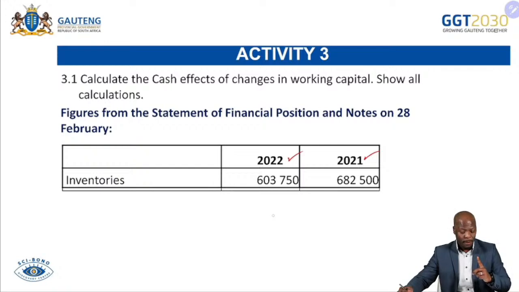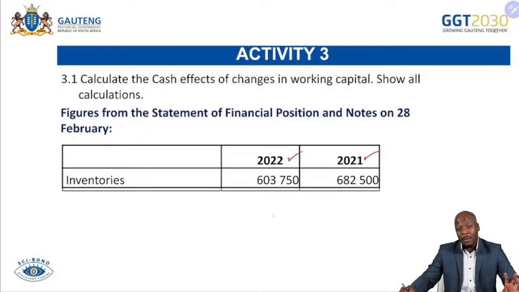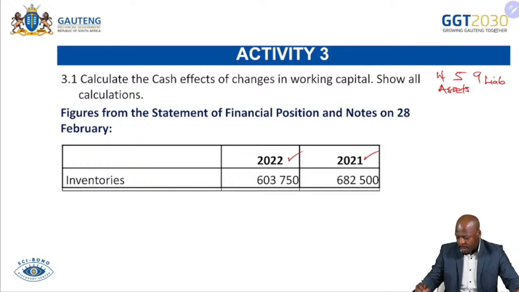Get that one. Okay. Now, there is another method, which I call the calculator method. Remember, when we're doing this reconciliation, you have your note number 4, note number 5, and note number 9. But 4 and 5 are assets, and 9 is a liability.